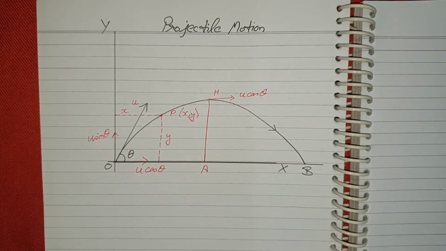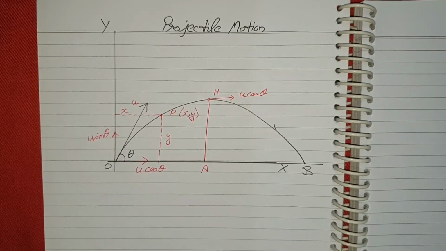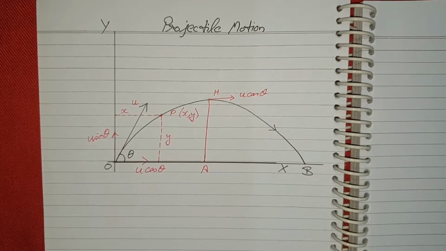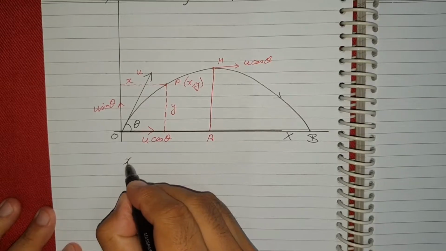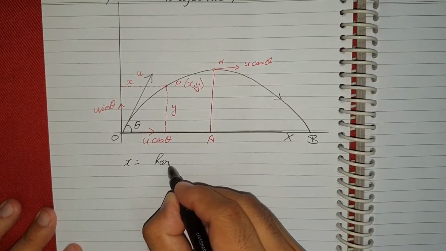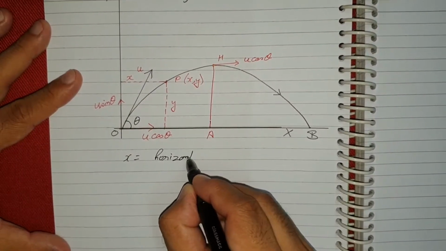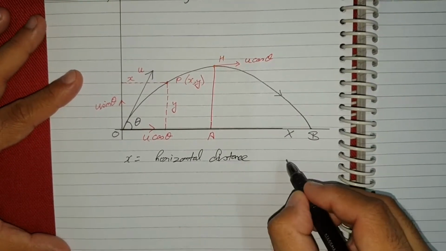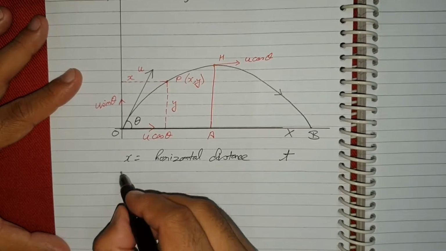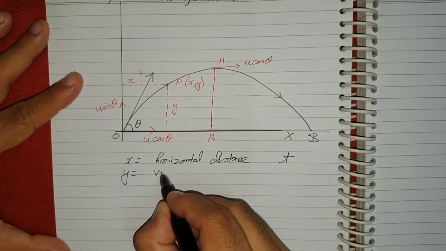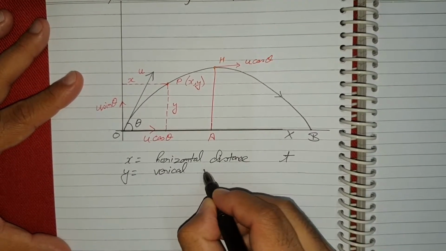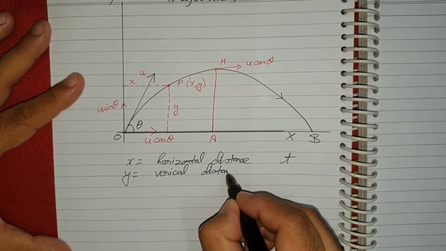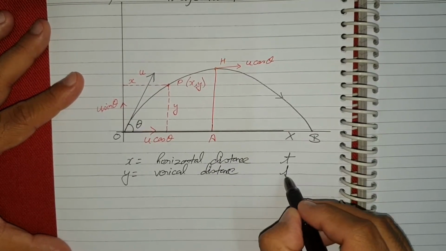Considering x as the horizontal distance traveled by the object in time interval t, and y as the vertical distance traveled in time interval t.